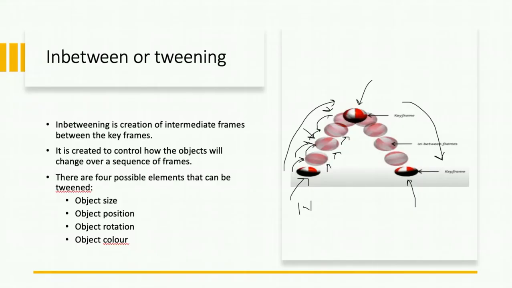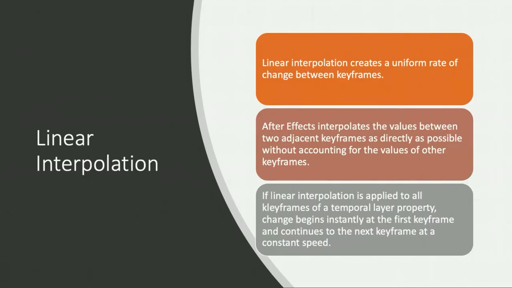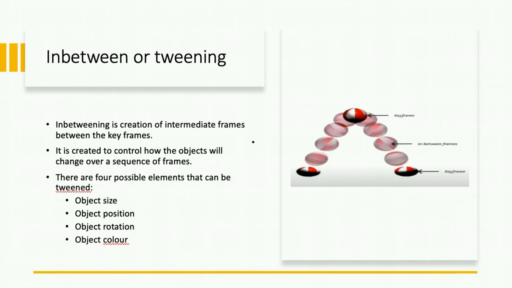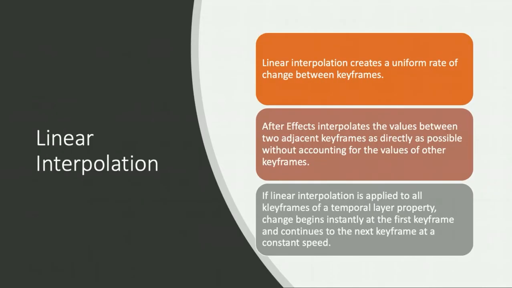If we look back at this example here, the movement is basically using linear interpolation, because the rate of change from keyframe 1 to keyframe 2, and keyframe 2 to keyframe 3, is more or less equal.